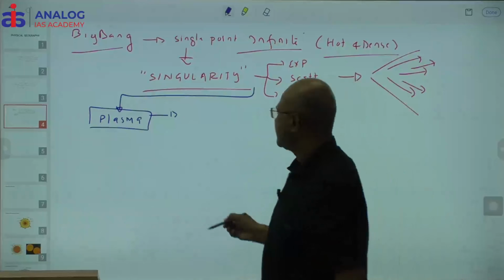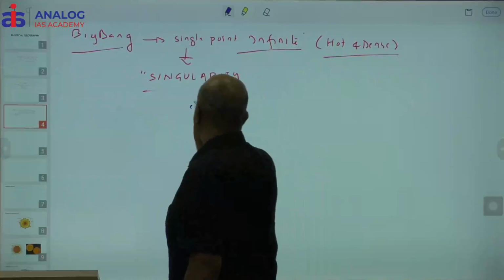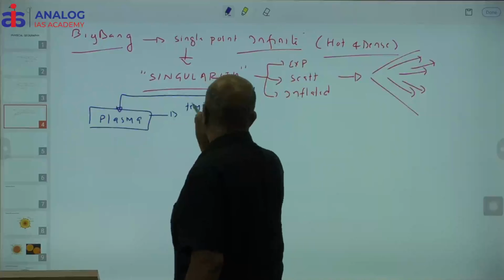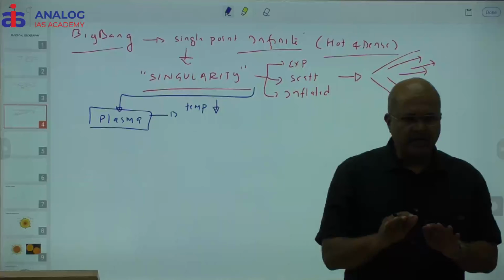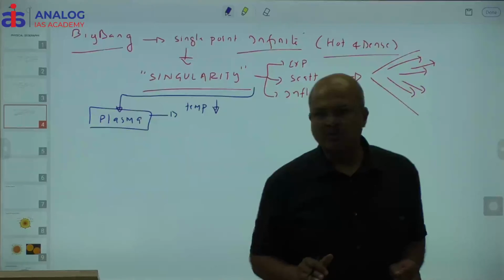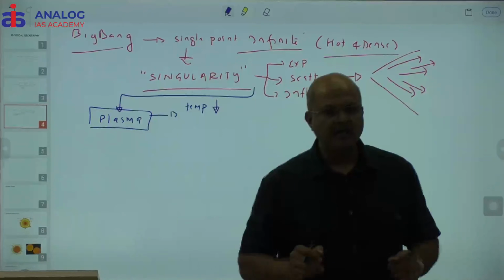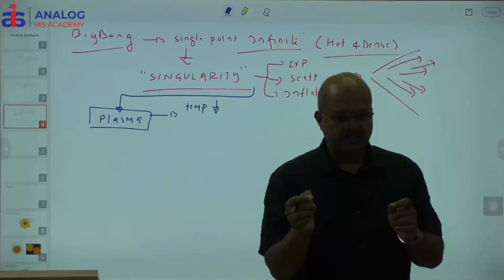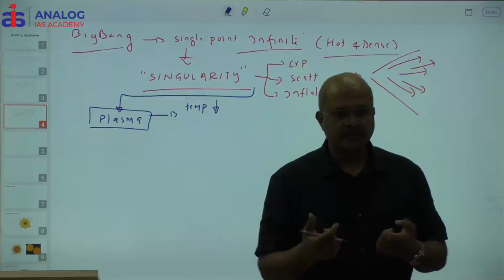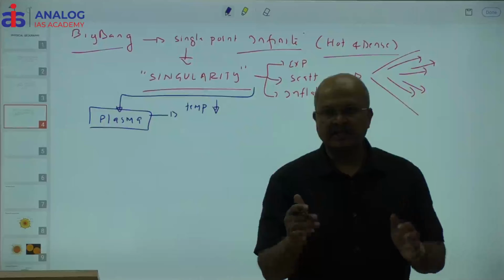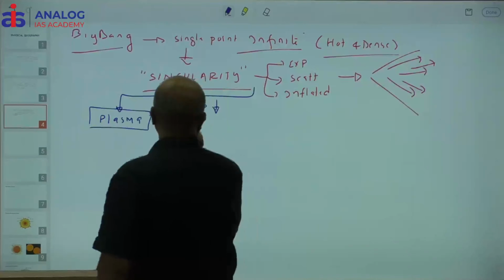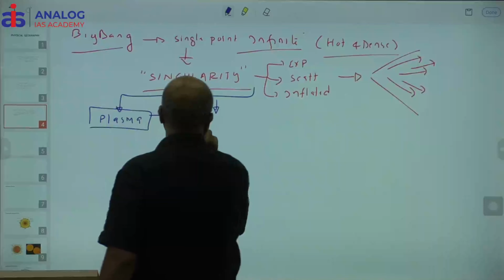So because of expansion, the temperature dropped. Now the moment when the temperature decreased was right for creating subatomic particles. Have you heard about quarks? Subatomic, lesser than an atom.